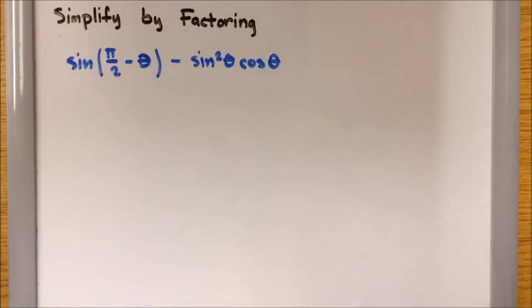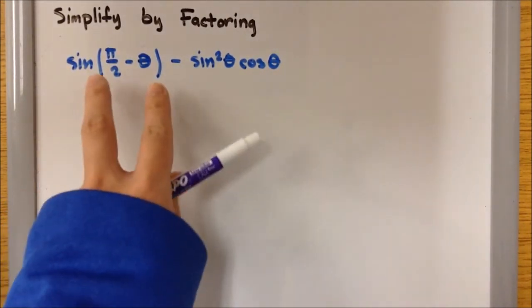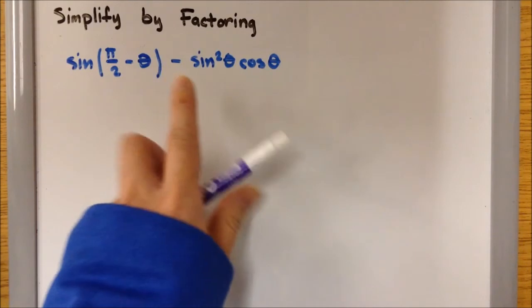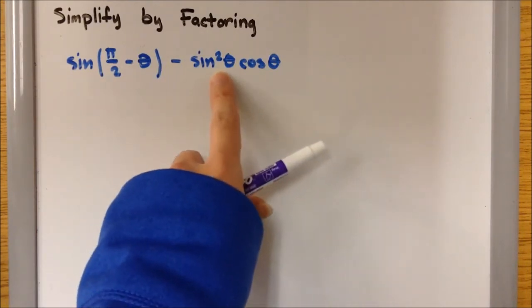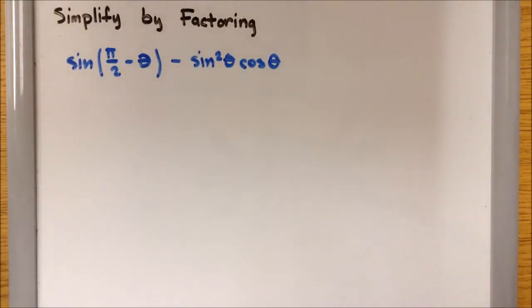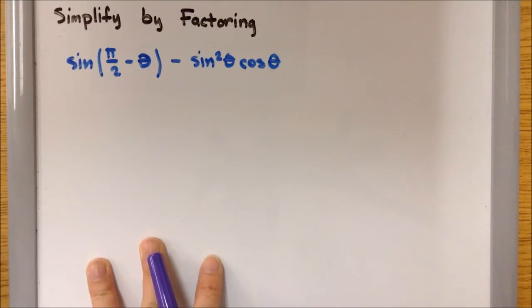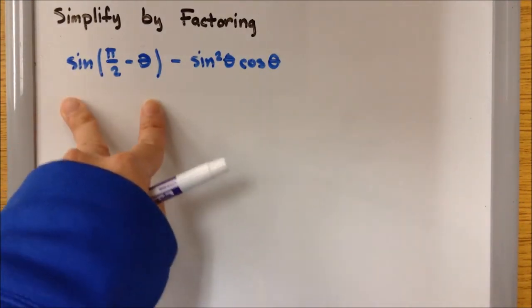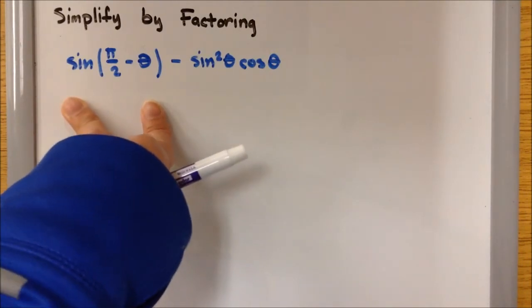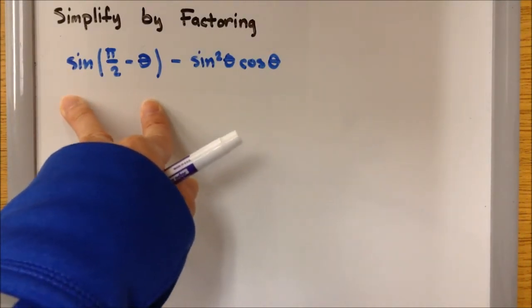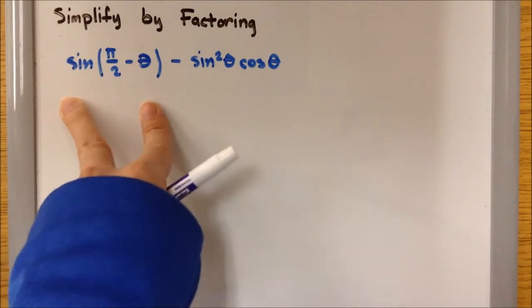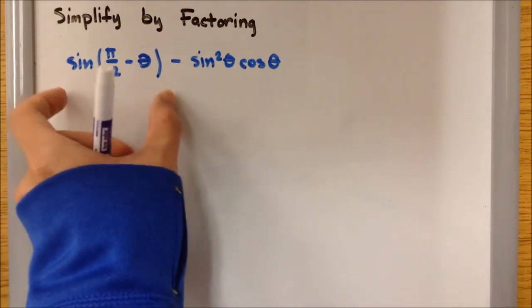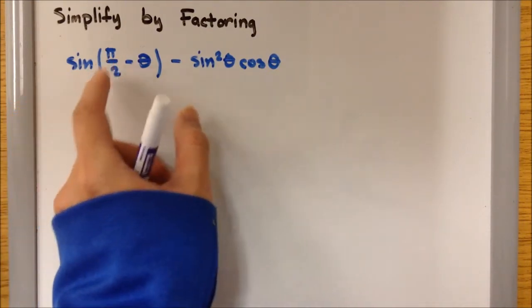In our first example, we have sine of pi over 2 minus theta, then minus sine squared theta cosine theta. Before we can actually get into any factoring, let's see if we could apply any identity, because this part right here, I don't think I could do anything when it comes to simplifying, but maybe I can apply an identity. In this case, we did cover sine pi over 2 minus theta.